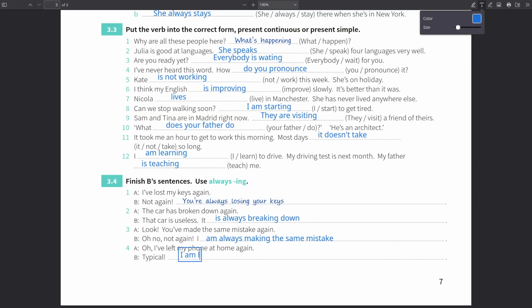I'm leaving... I am always leaving my phone at home, like this. So typical. I'm always leaving my phone at home. So we're talking about a situation that happens more than usual.